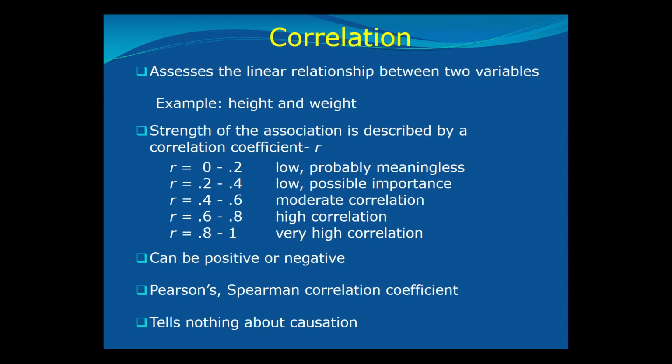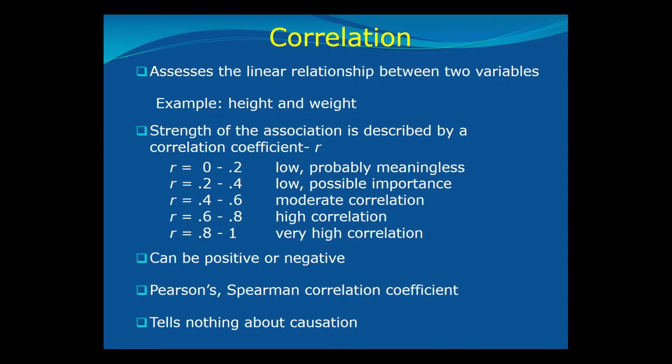The first step is to calculate the correlation coefficient. We denote a correlation coefficient by the Latin letter R, and we use the correlation coefficient to estimate the strength of this association between two variables such as height and weight.